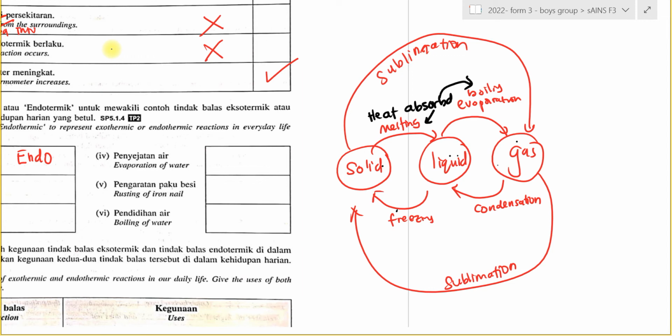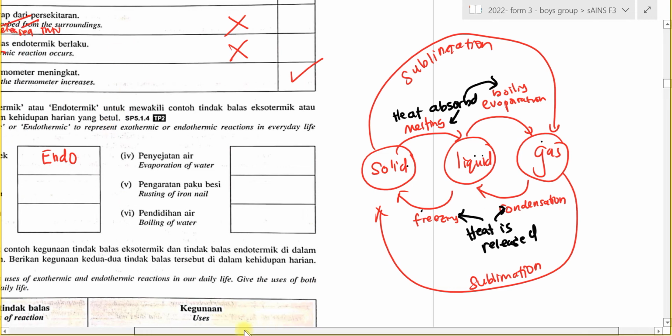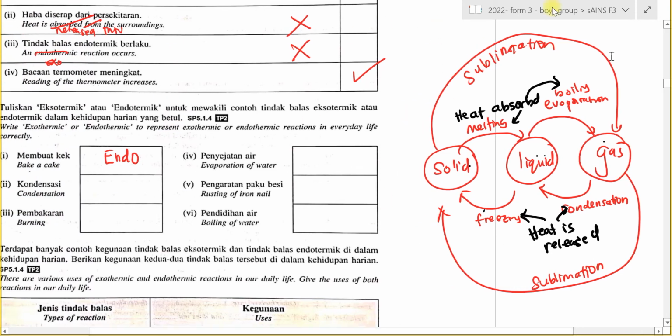Gas becoming liquid or liquid becomes solid, the reverse of the arrow, all heat is released. So heat release for the condensation, for the freezing. You release heat, then only you can freeze. You release heat, then only you can condense. So copy these, very important one.